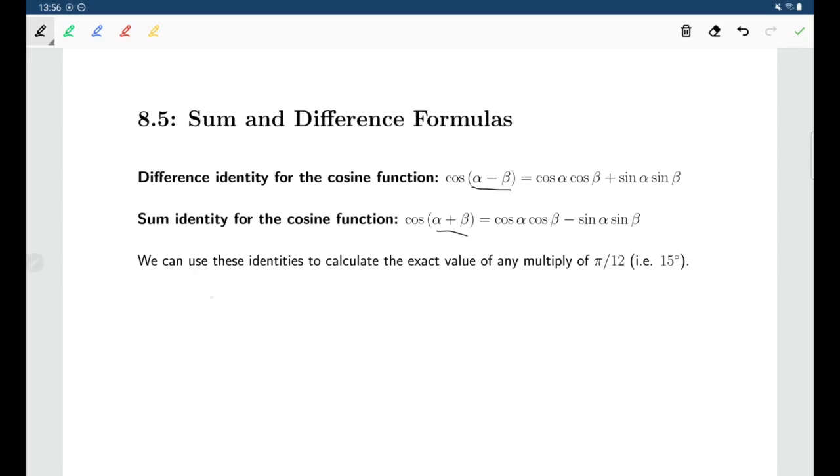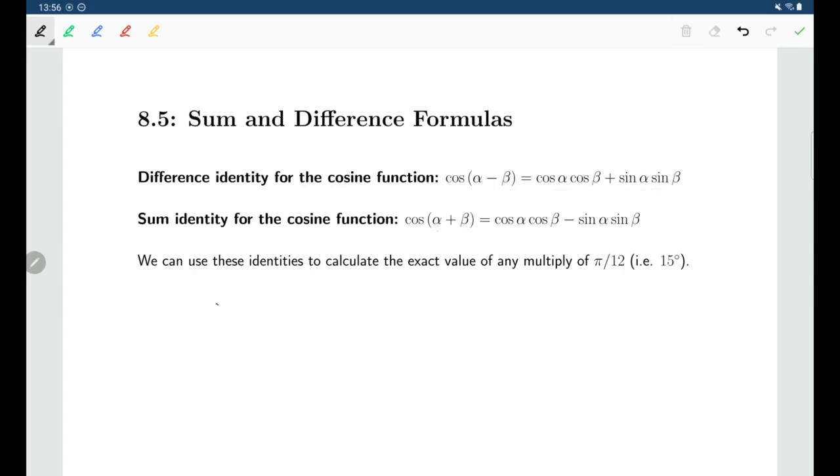Because, for example, if you wanted to find cosine of 15 degrees, you could think about how 15 degrees is the same thing as 45 degrees minus 30 degrees. And then you could just apply your difference identity. That means finding cosine of 15 is going to be in terms of finding cosine and sine of 45s and 30s.